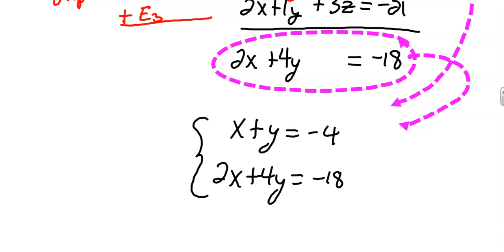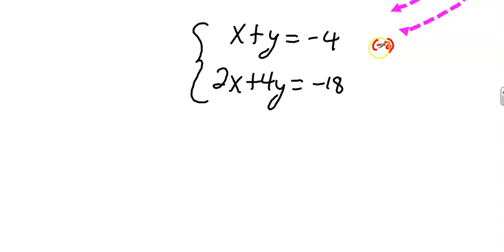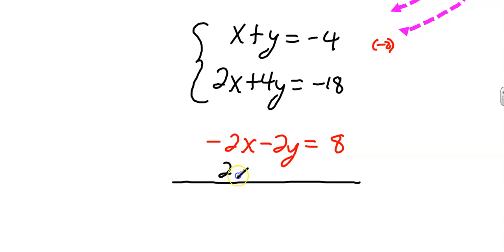Okay, so if we get rid of x, let's take this first equation, multiply it by negative 2, and then we'll add that to the second equation in that system. Okay, so multiplying by negative 2, that's a negative 2x minus 2y equals now a positive 8. Second equation, we're not going to change it at all.